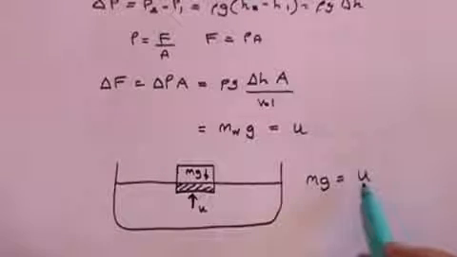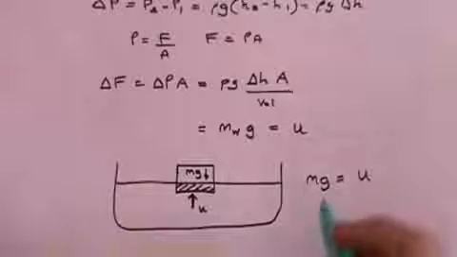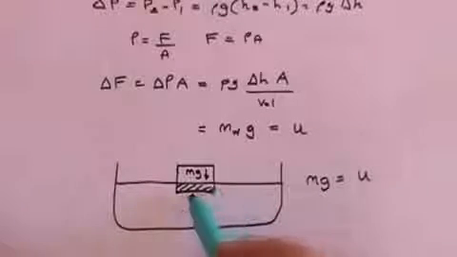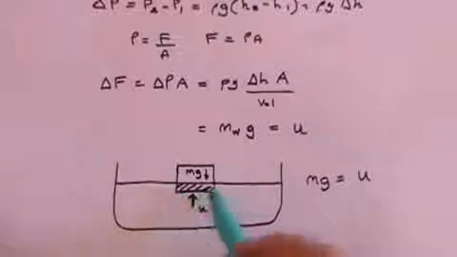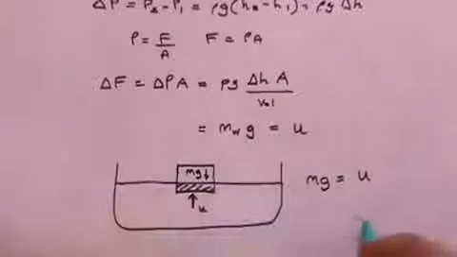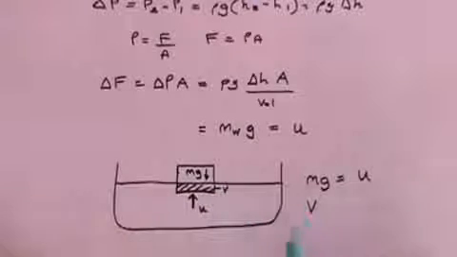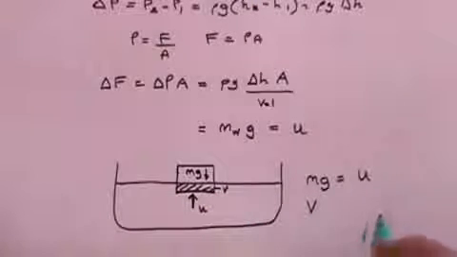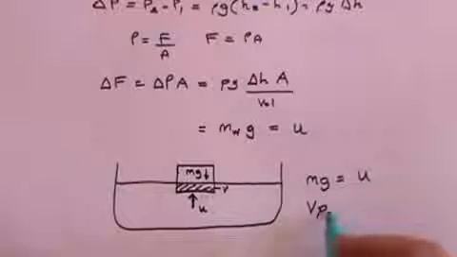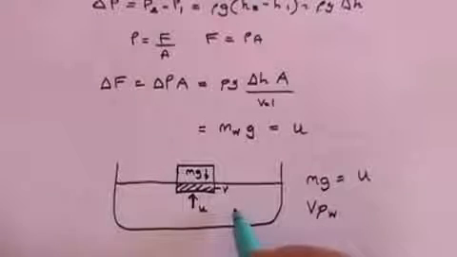But we know that the upthrust is the weight of the fluid displaced. And that equals the volume of the fluid displaced, which is just the volume of the bit below the surface of the water. So we'll call that the volume of what's below the surface, times the density of the water.